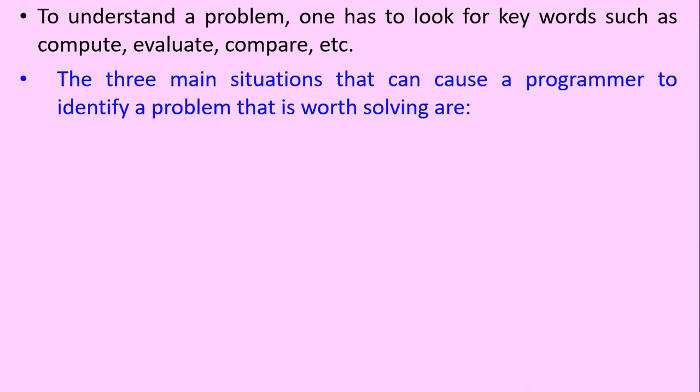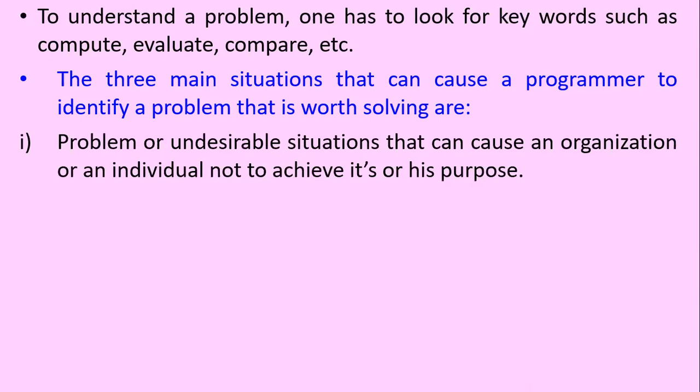The three main situations that can cause a programmer to identify a problem that is worth solving include: number one, existence of a problem or undesirable situations that cause an organization or an individual not to achieve its purpose.